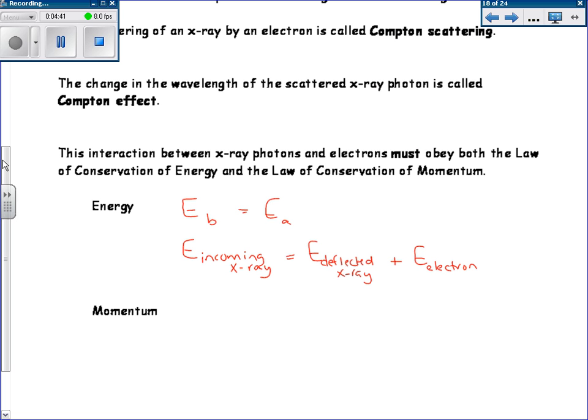And the formulas you would use for this are hf, and we could call that initial frequency if we wanted, is equal to hf final frequency plus 1/2 mv squared, where that mass is the mass of an electron, 9.11 times 10 to the negative 31 kilograms. And then the velocity is the speed of the scattered electron.